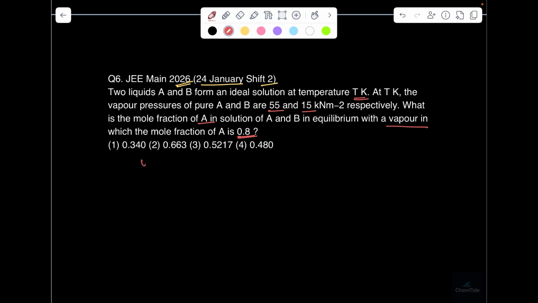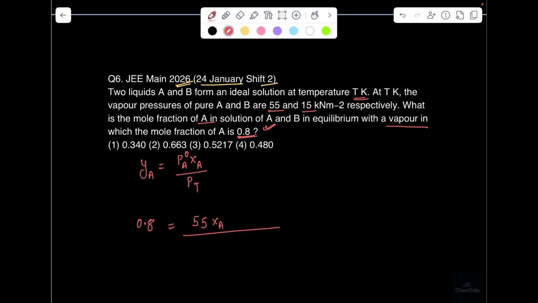So we know that in the vapor phase YA is equal to PA naught XA by PT. That value is given as 0.8 in the question, the mole fraction of A in the vapor phase.